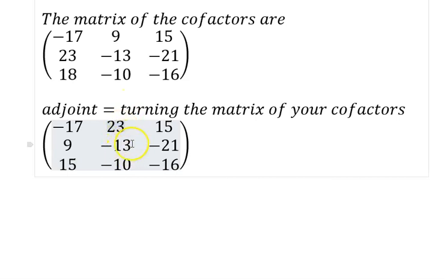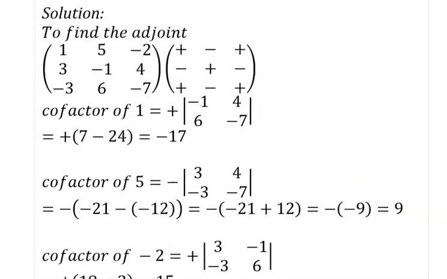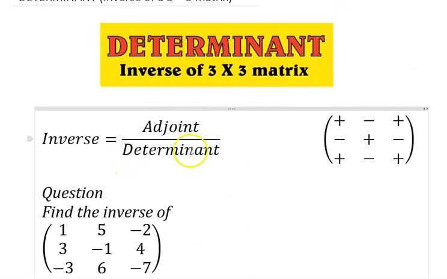So we now have 18, minus 10, minus 16. So we have been able to turn. So these are our adjoints. So don't forget, to find the inverse of a 3 by 3, it is adjoint over determinant. So after getting the adjoint, let's quickly get our determinant.